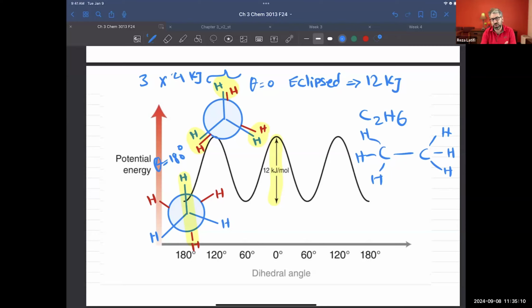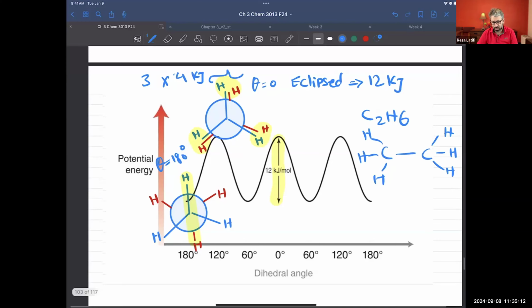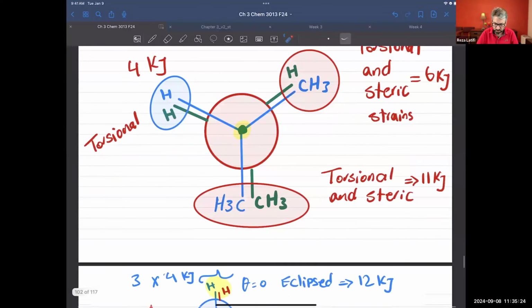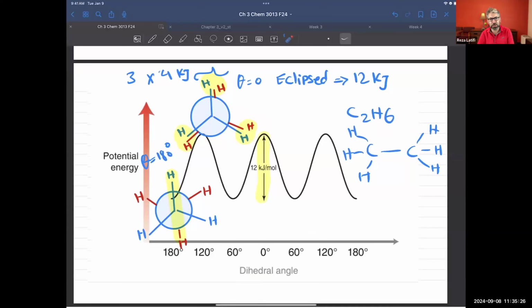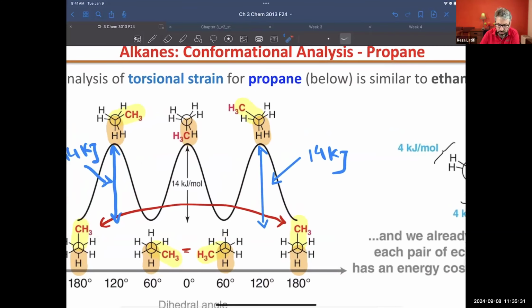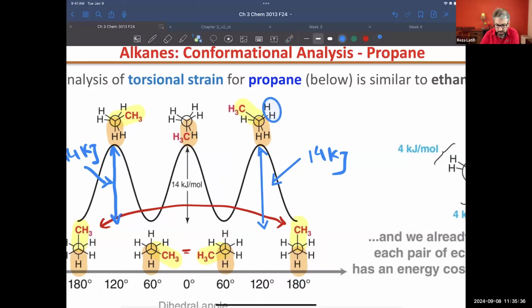Now, what will happen if I replace one of the H by methyl? If I replace H by methyl, the energy from 4 will go up to 6. But I'm going to replace only one of them. So one of these 4s will be replaced by 6 kilojoule. For a molecule like propane, I have 4 kilojoule here, 4 kilojoule here, and this is the new one, and it's going to cost us 6 kilojoule.